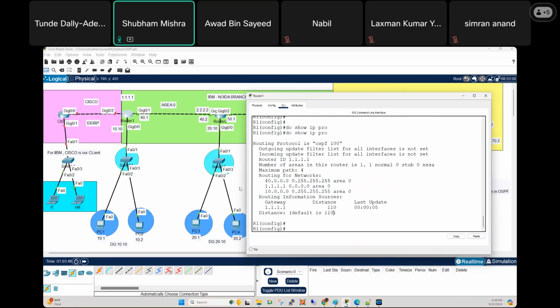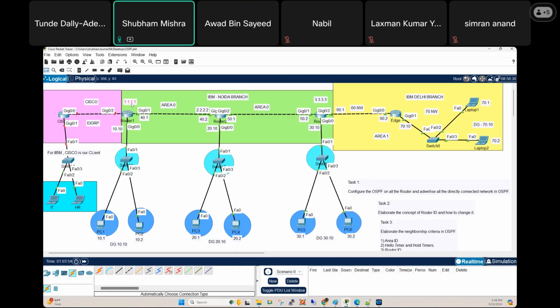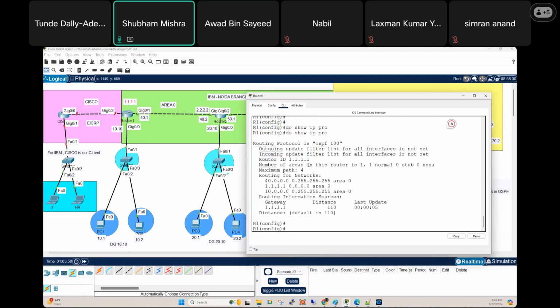Manual I did not configure. Then the router checks the loopback. On R1, which loopback did you configure? 1.1.1.1. Yes, everyone? So that's the reason. What is the router ID? 1.1.1.1. Getting my point, everyone? Yes or no? Yes.